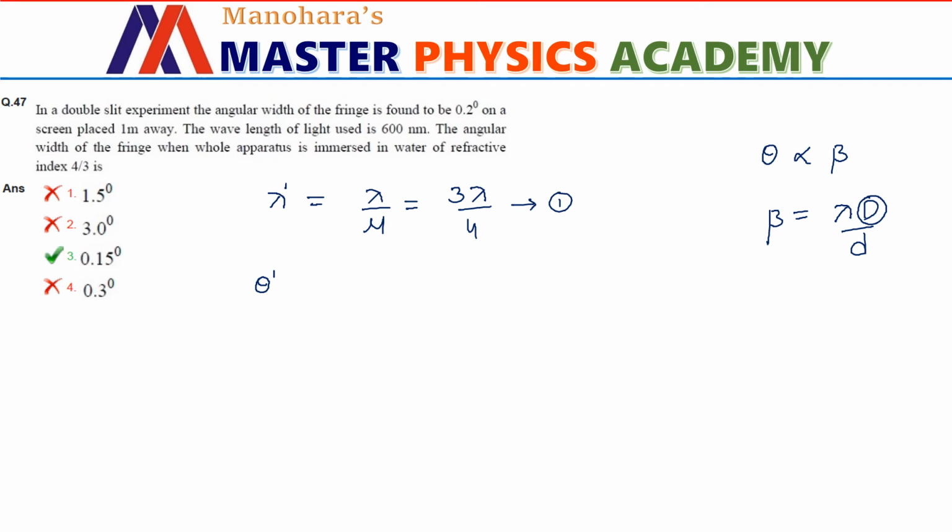In both cases it is going to be the same, and small d marks the distance of separation between the slits, which is also the same whether the apparatus is in air or in water. Then I can write beta is directly proportional to lambda. Since theta is directly proportional to beta, I can finally write theta is directly proportional to lambda.